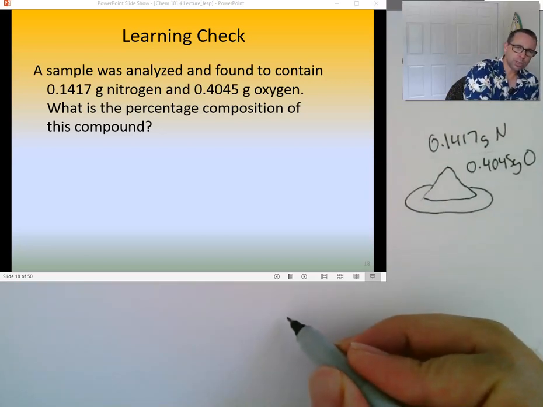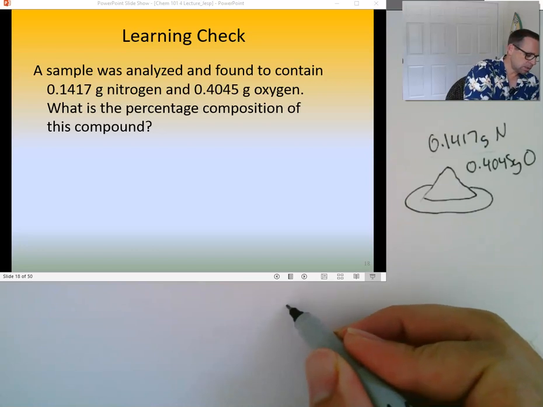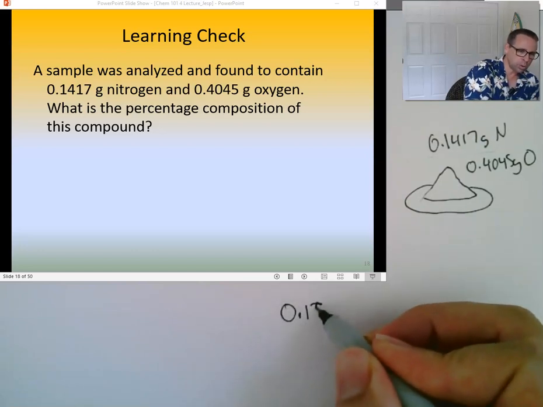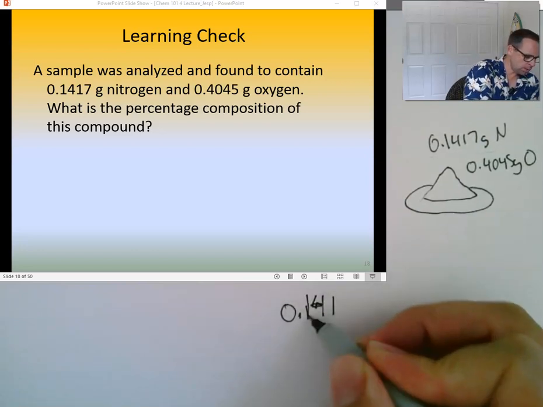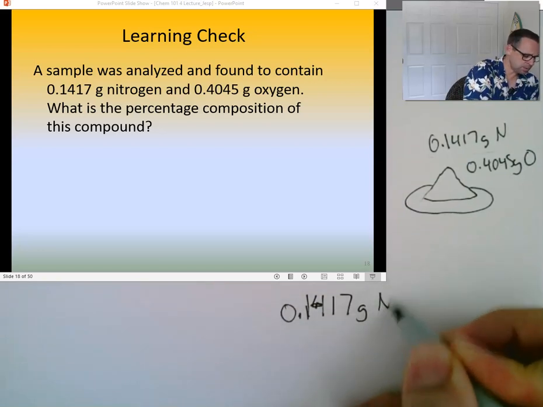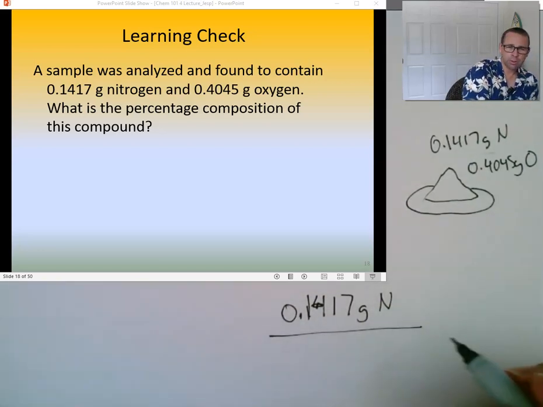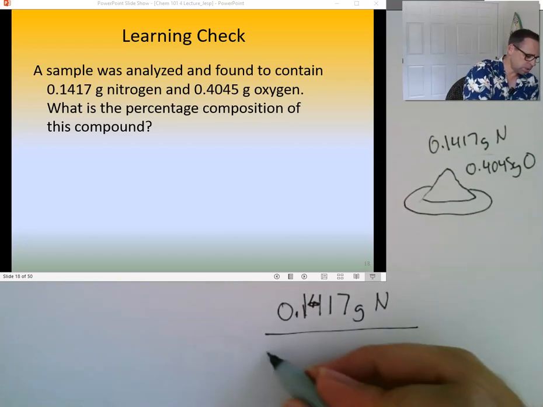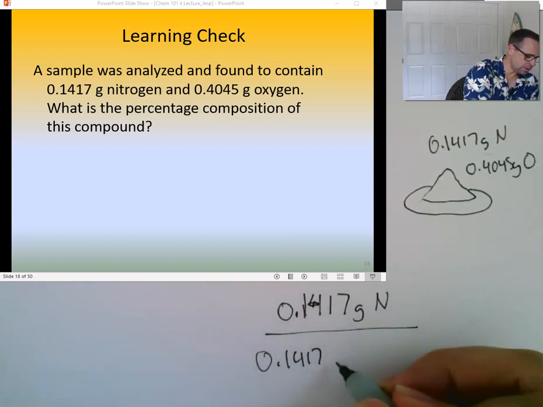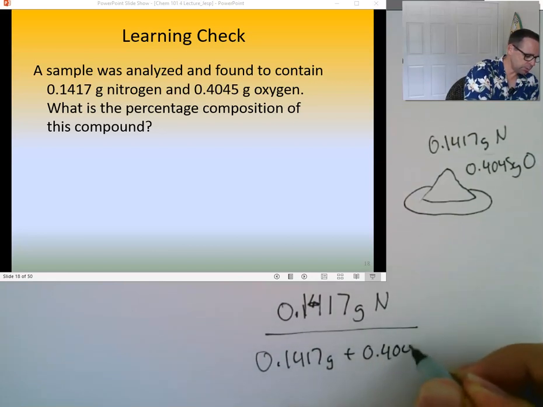If I want to know what percentage the nitrogen is, I put the 0.1417 grams of nitrogen over the grams total, which is the 0.1417 plus the 0.4045.